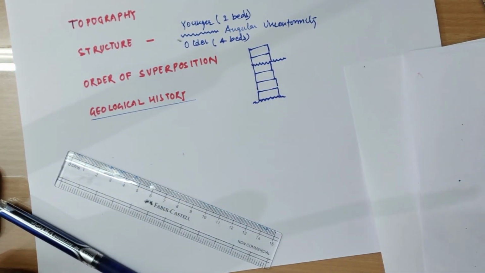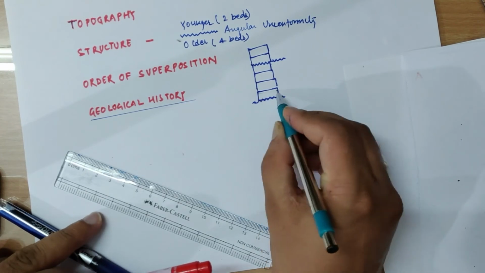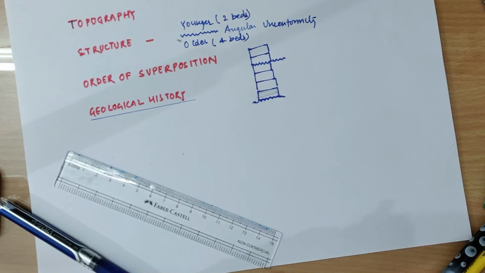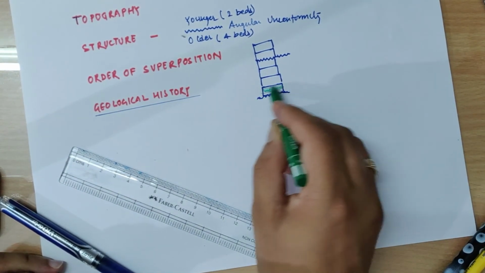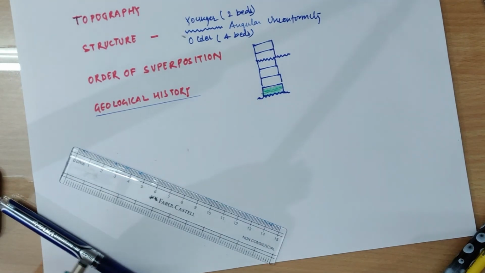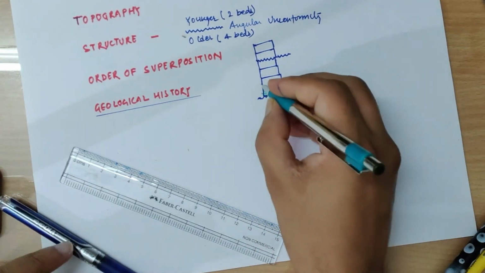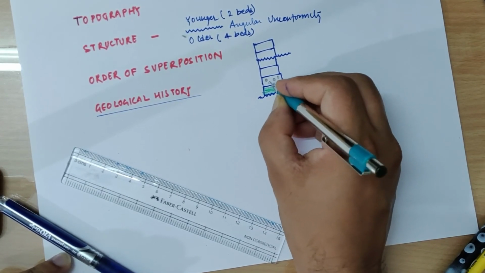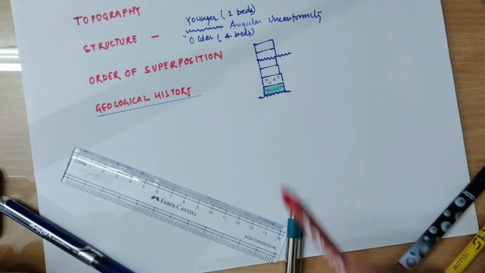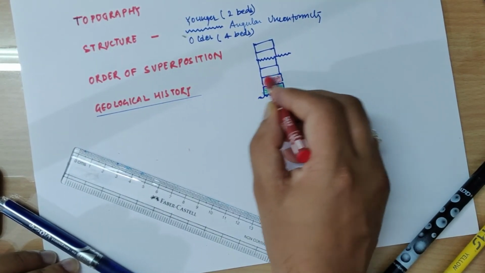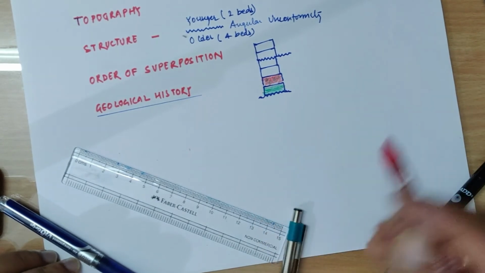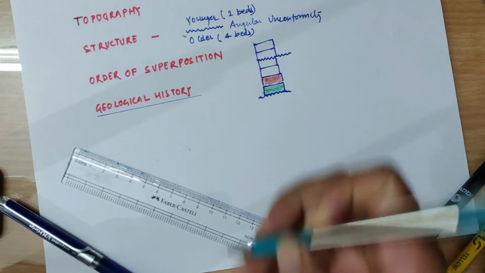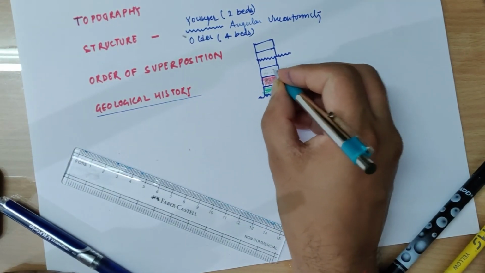The first is represented by a green symbol, but before that we have these types of lines and we fill the green color. The second bed is represented by coarse dots and red color. The third bed is represented by triangular dots and blue color.